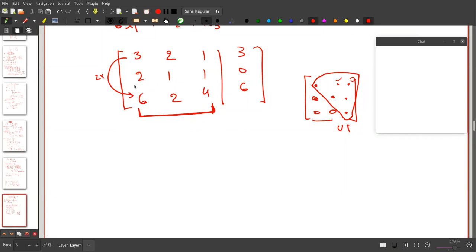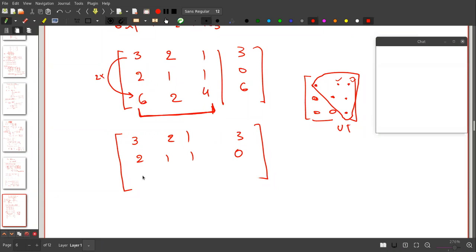Let's not jump. Let's write the first one as it is, 3 2 1 3. The second one as it is, 2 1 1 0. For the third one, we are multiplying the first row by 2 and then subtracting it from the third row.